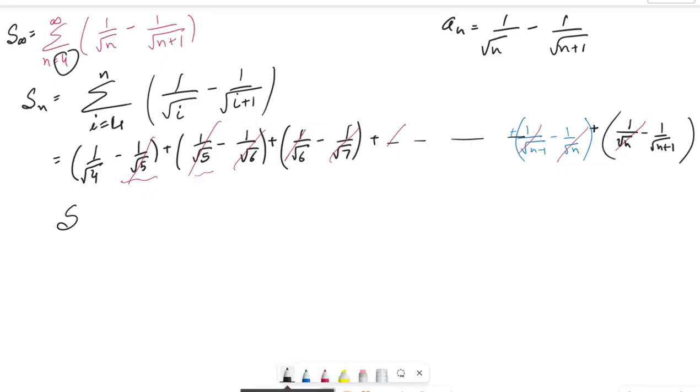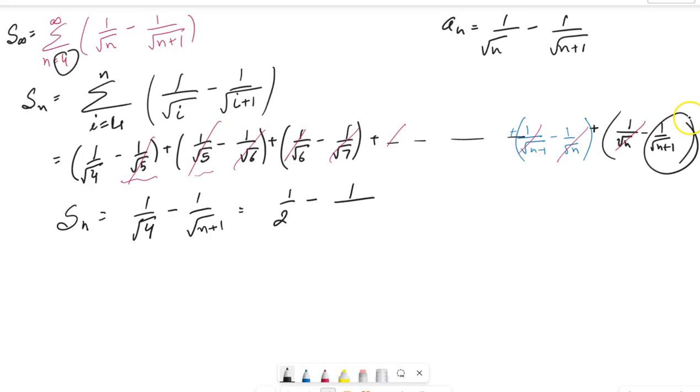So what we have is S_n is 1/root 4, which is 1/2, and the last term will be left, root (n+1): 1/2 minus 1/root (n+1). We need to find S infinity again.